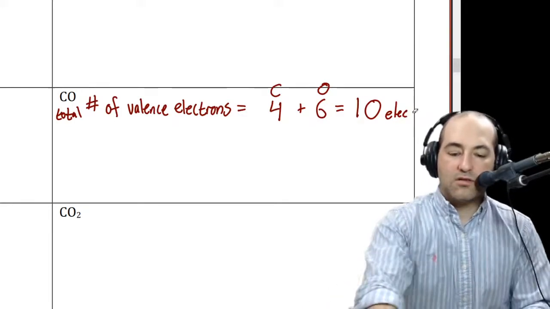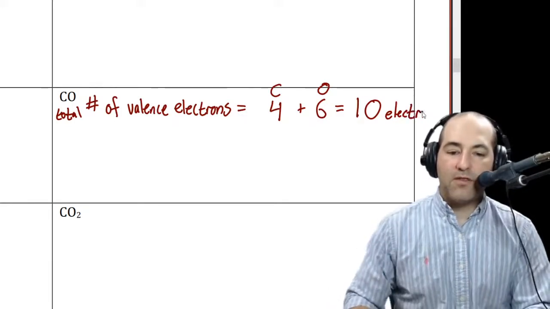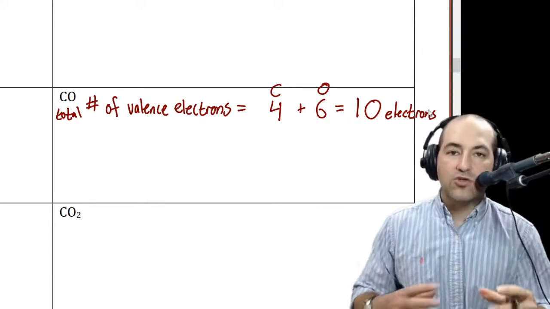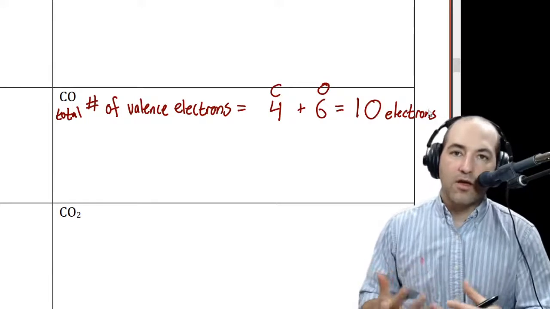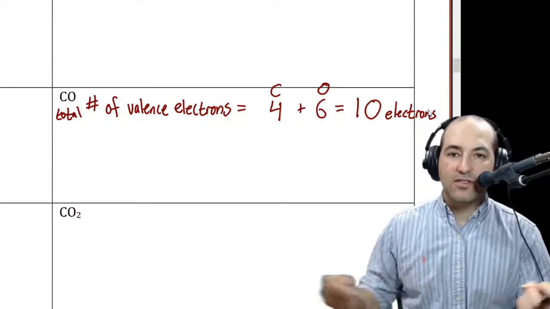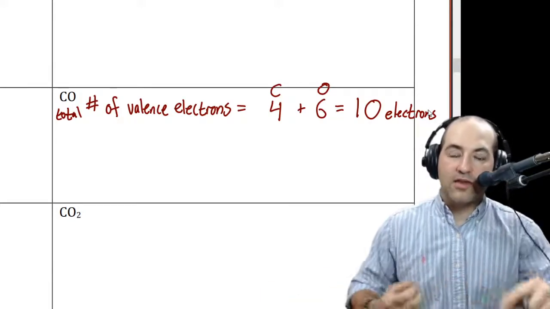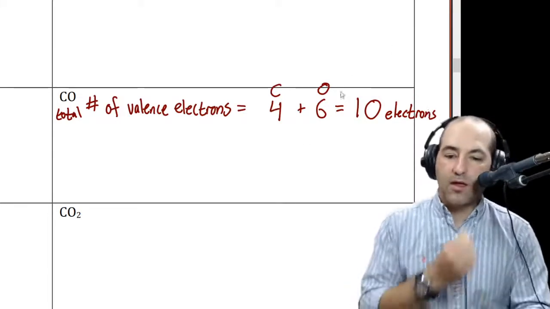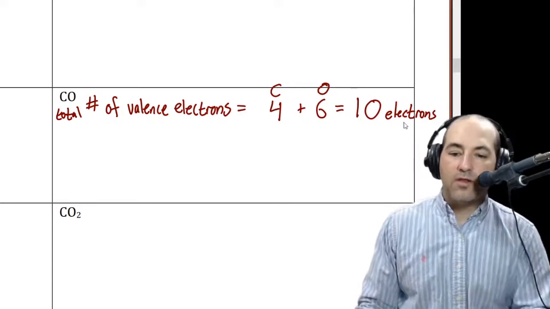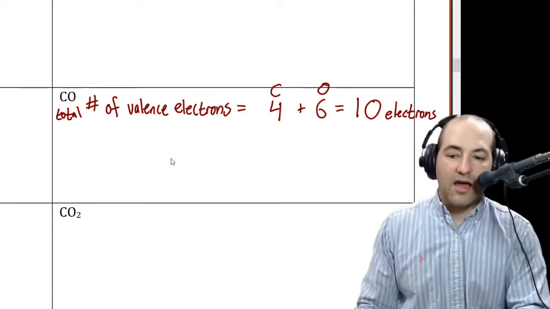So the difference in this method versus the dot method is we're going to distribute those 10 electrons wherever we need to put them. Because in a compound, the electrons don't necessarily have to stay with the atom that they came with. They can get distributed around the molecule in different ways. So once we find the number of electrons, then we connect the atoms together.